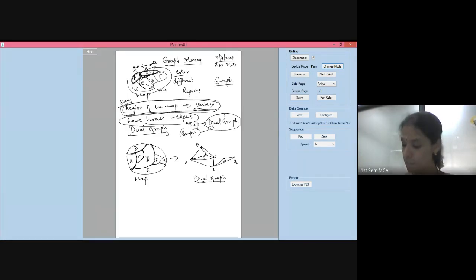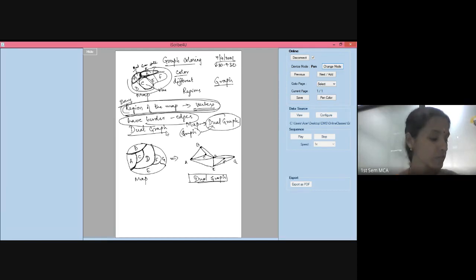Next, come to G. G is sharing border with D and E and F. F and G is connected, E and G is connected, D and G I will connect. All right. So this is a graph for the map that is given to us. Such a graph that we draw from the map that is given, you call it a dual graph.